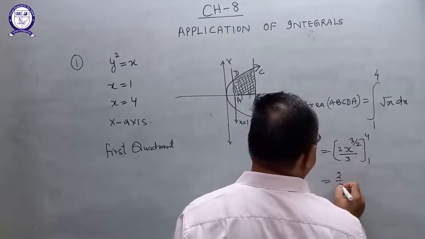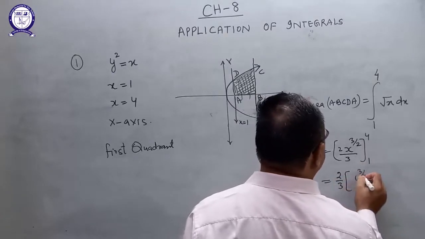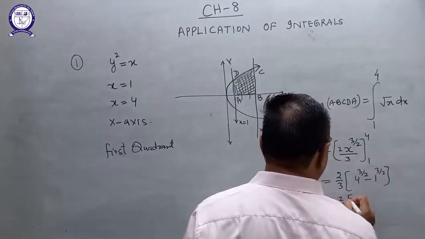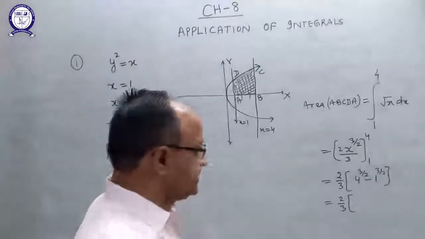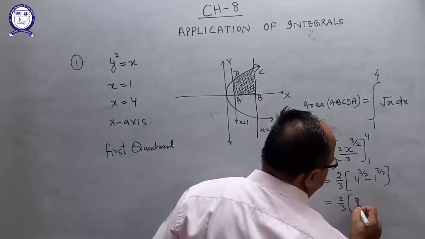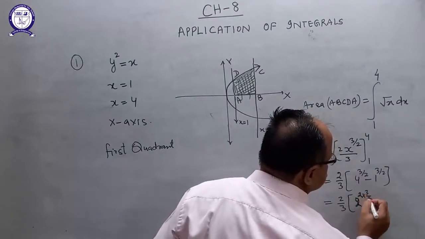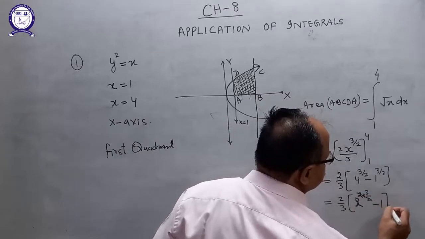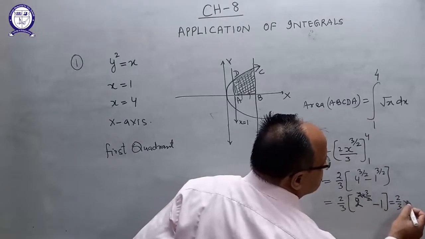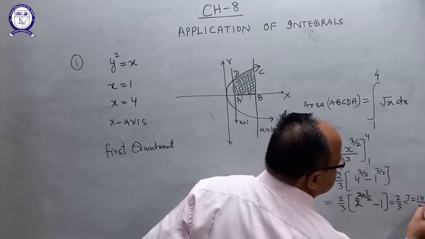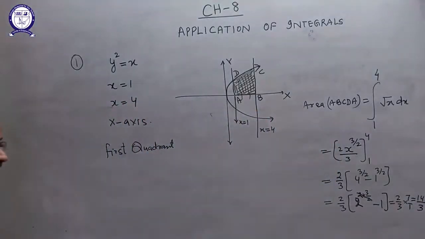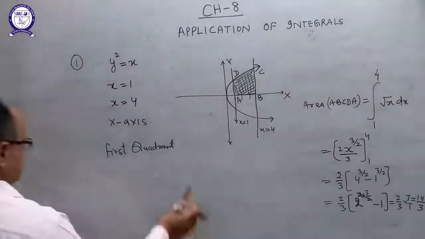When you put in the limits, 2 by 3 times 4 to the power 3 by 2 minus 1 to the power 3 by 2. 4 you can write as 2 to the power 2, so it becomes 2 to the power 3, which is 8. 8 minus 1 is 7. The answer is 14 by 3. This is question number 1.